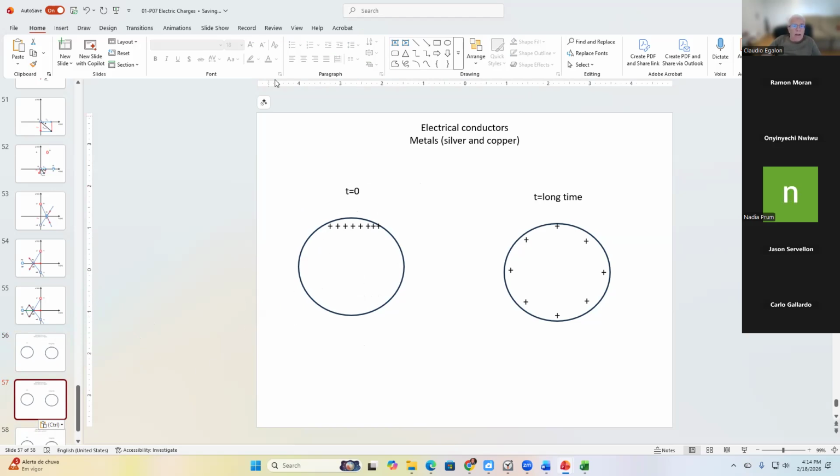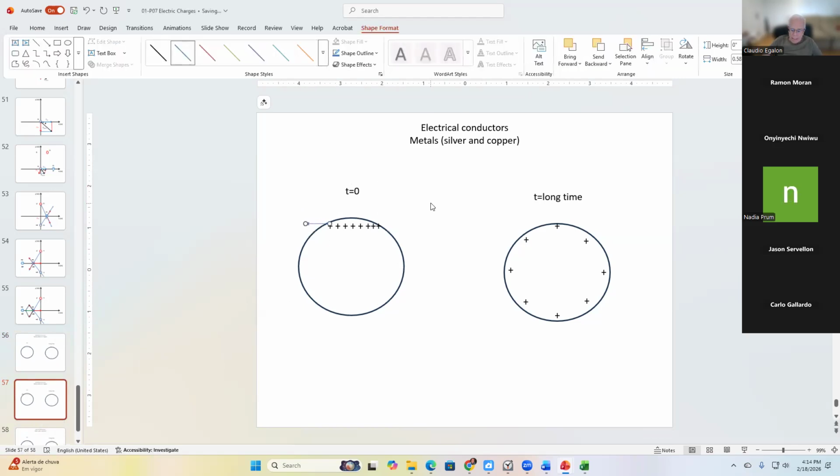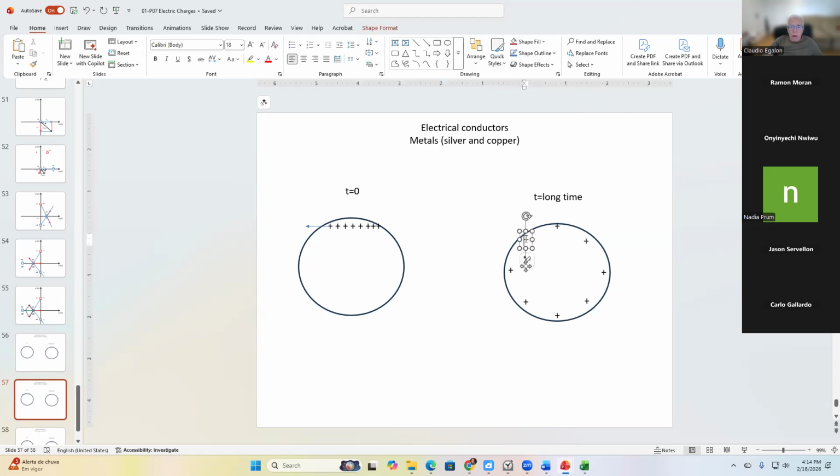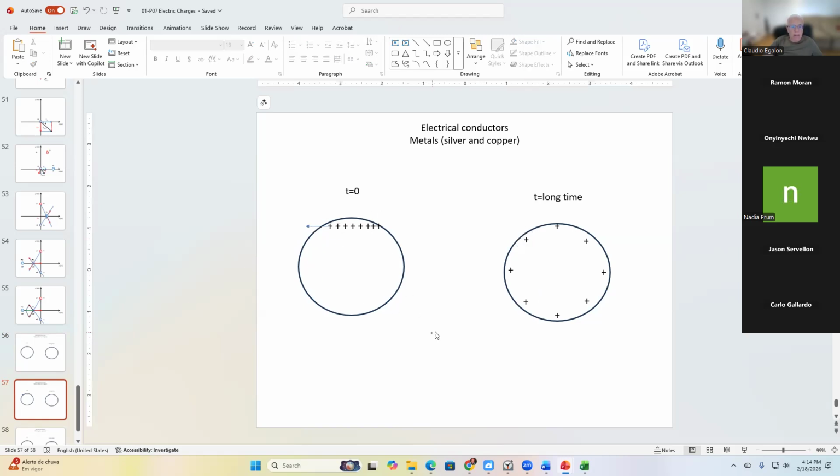Initially, each of those charges is going to exert an electrical force on the others. This charge here is going to repel this one. This other charge is also going to repel this one, and so on, right? Eventually, this charge at the extreme left will move away from the others because of the electrostatic force.